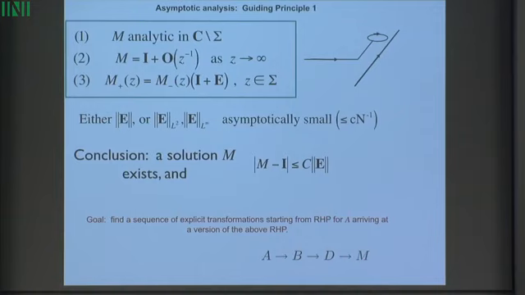So that's really the fundamental guiding principle in asymptotic analysis of Riemann-Hilbert problems. And what you try to do is start with some given problem. Find A, and it's nowhere near as simple as what's in the green box.